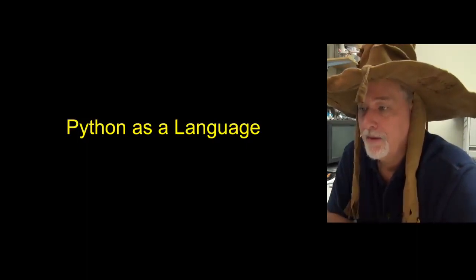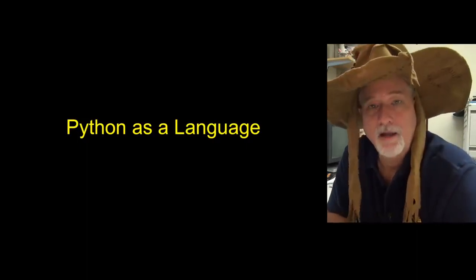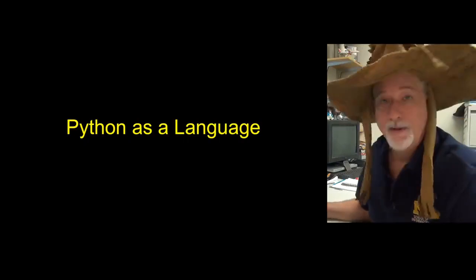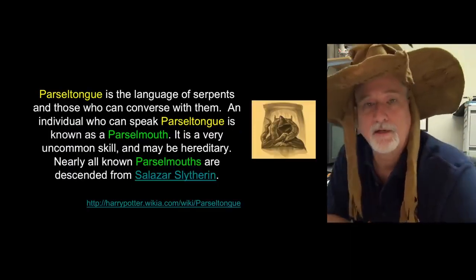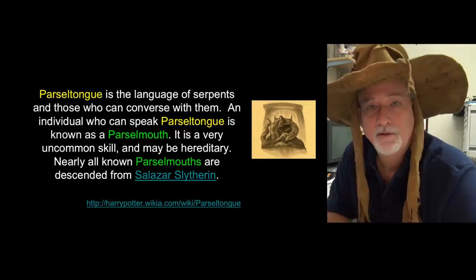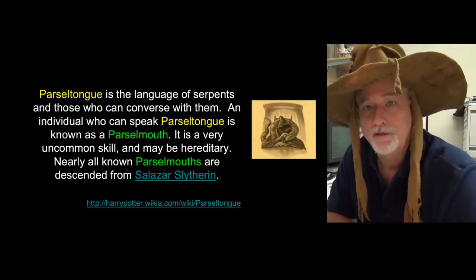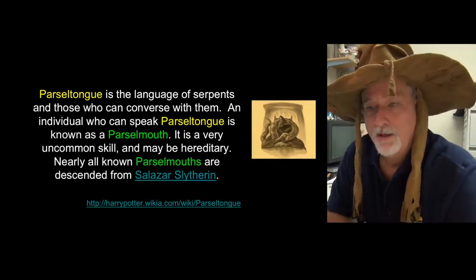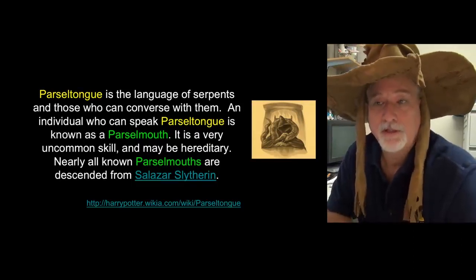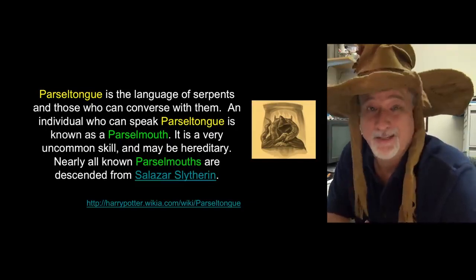The reason that I was sorted by my students into Slytherin is also because I teach Python. And Python is like a snake. And if you think about the people from Slytherin, they are capable of talking to snakes.